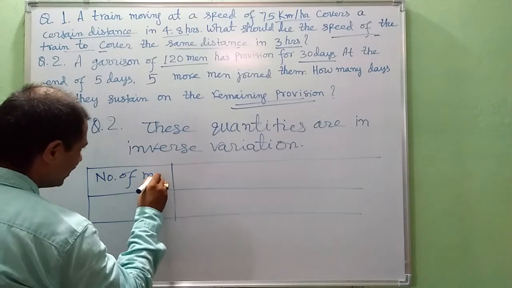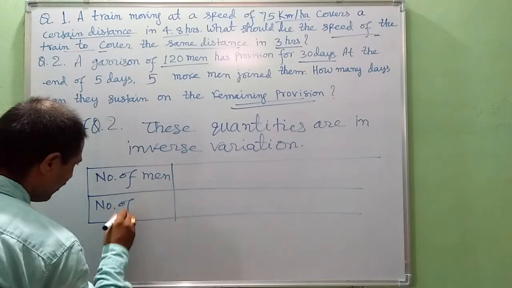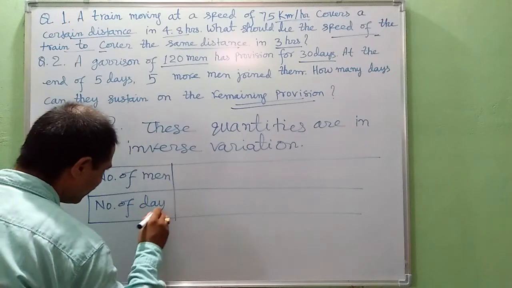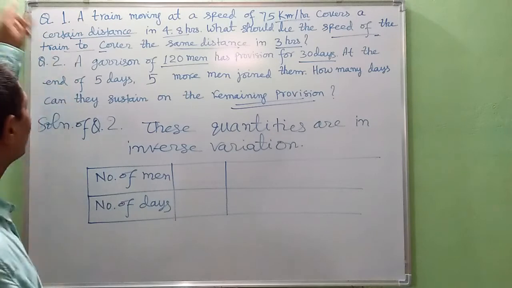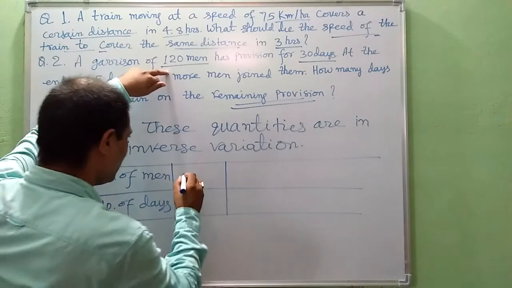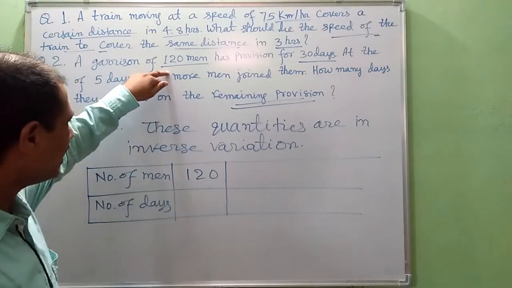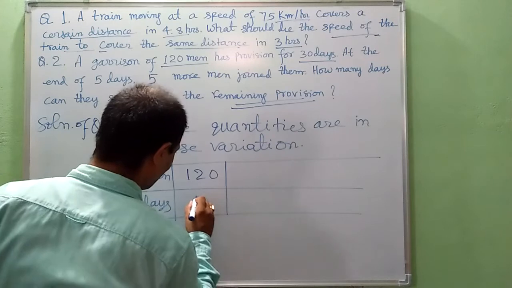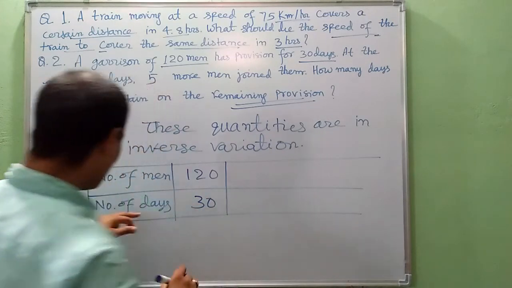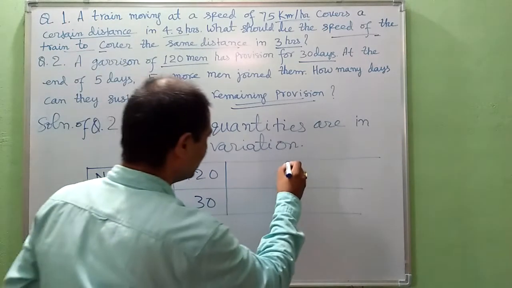Here, a garrison of 120 men. We do not have to write the unit, men, here. Provision for 30 days. Number of days 30. It is sufficient for 30 days.